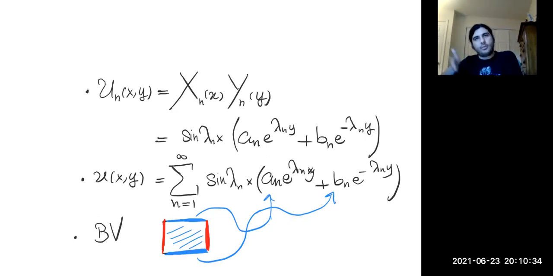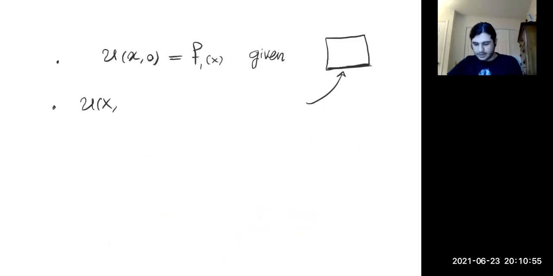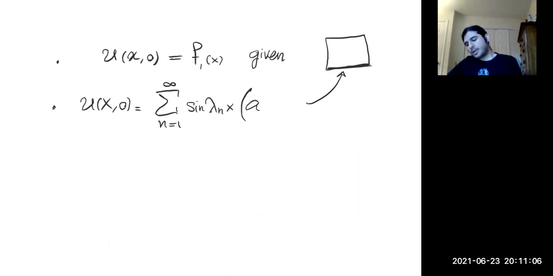I can just let y be 0, so here I would get 1, here also I would get 1. So u of x and 0 would be equal to the sum, n from 1 to infinity, of sine of lambda n x times (An plus Bn). That would be one of the conditions.